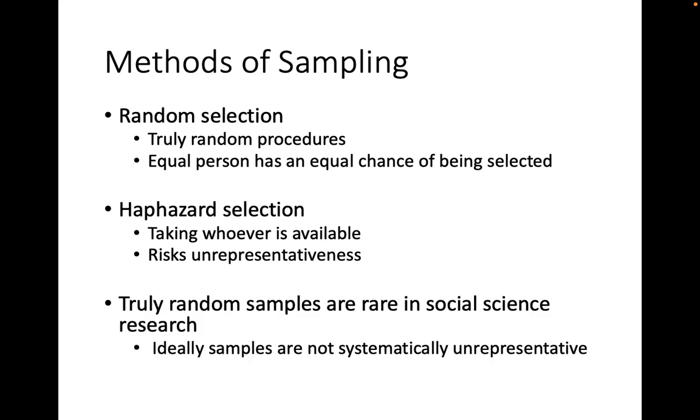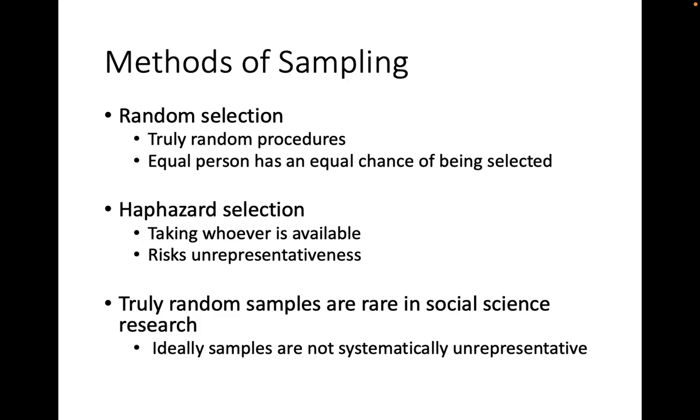Unfortunately, it's often very impractical, or sometimes impossible, to truly have a random sample. Much of the time, studies in psychology, as well as other behavioral sciences and social sciences, but certainly in psychology, are conducted with whoever's willing and available to be a research participant.